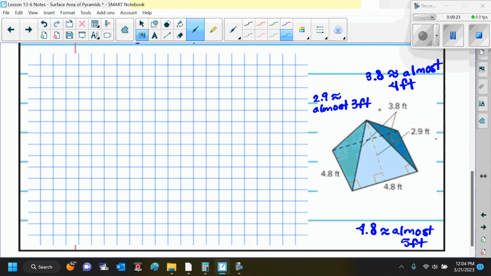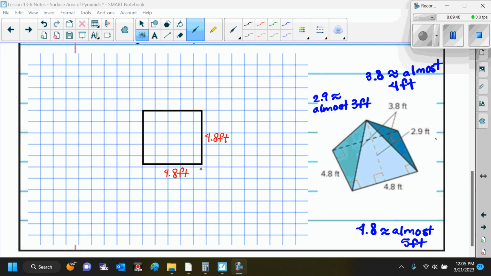Okay, so we need to estimate. So let's start with the base. So the base is 4.8 feet, so that is almost 5 feet, a little bit less than 5 feet by 5 feet. Okay? All right, so my square is 4.8 by 4.8.